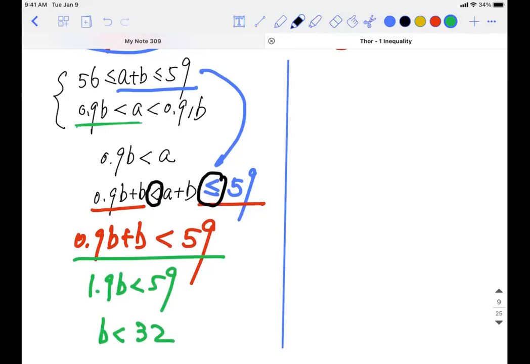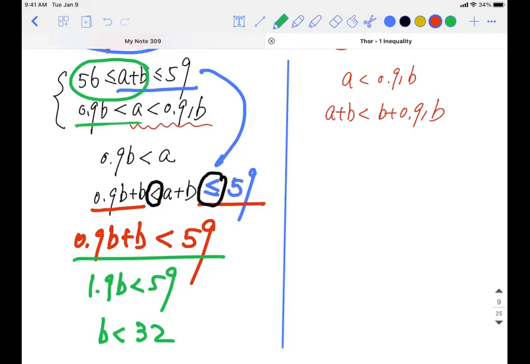Exactly right. That's exactly what we need. So I'm just going to highlight it. Pretty much the same thing, right? This part I'm going to use this. a is less than 0.91b. a plus b will be less than b plus 0.91b. And this part I'm going to use here. a plus b is greater than or equal to 56.